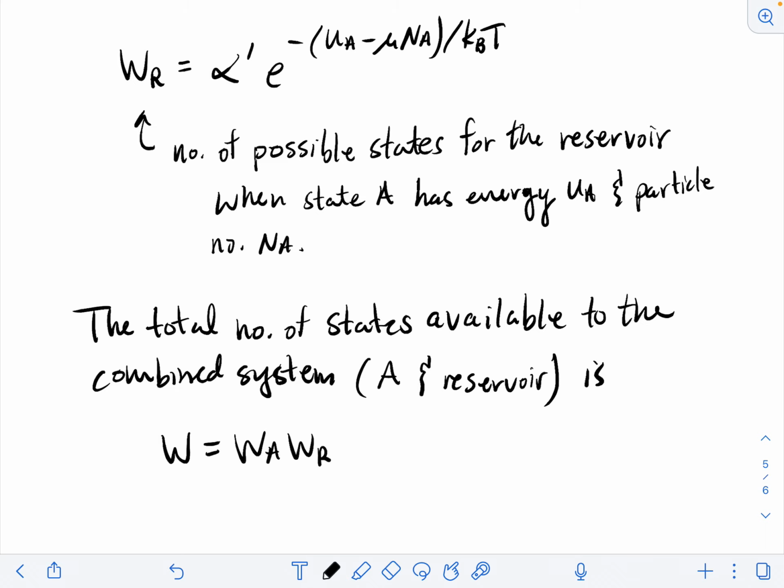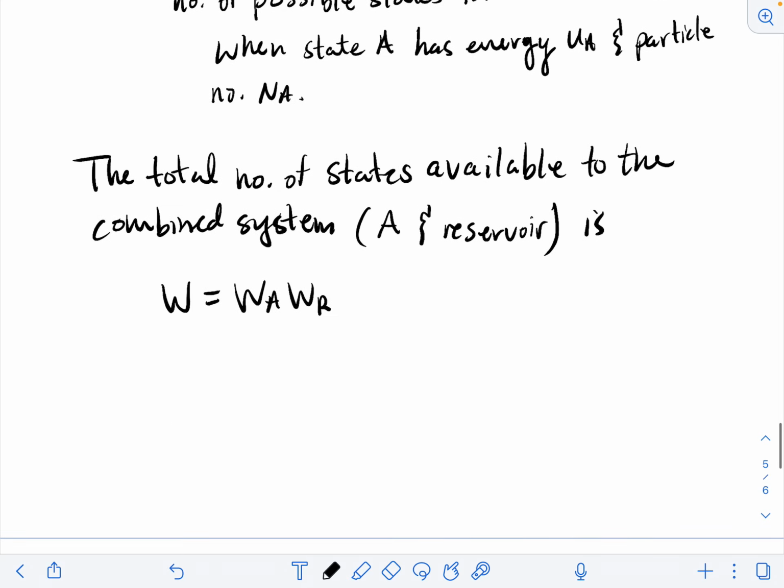Now we're going to do something like we did for the canonical ensemble, and say, what if A is restricted to be in a state phi I with energy UI and particle number NI? Then WA is just 1, right? We've selected a particular state.